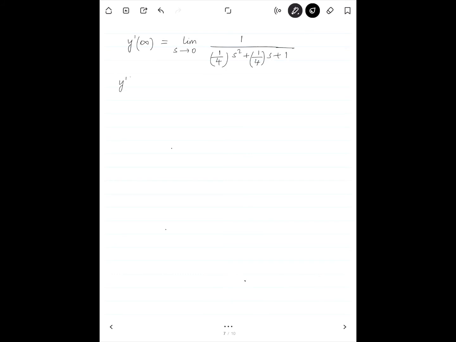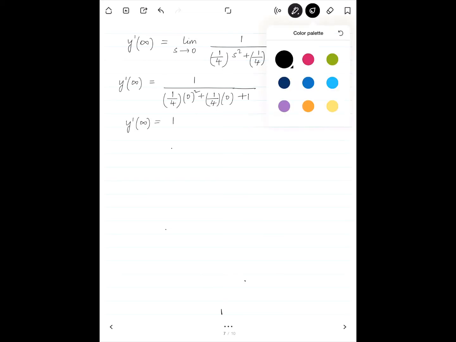And here all we need to do is substitute s equals 0 in the denominator. And that gives us 1 divided by (1/4) times 0 squared plus (1/4) times 0 plus 1. And so y at infinity equals 1. And this is the final solution for part B of the question.